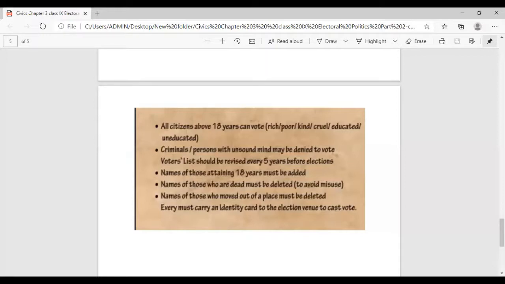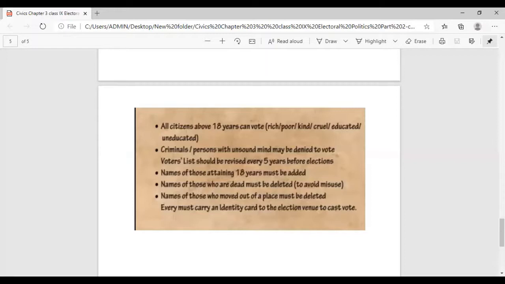Then finally, we discussed the voters list. In a democratic election, the list of those who are eligible to vote is prepared much before the election and given to everyone, which is officially called the electoral roll, and it is commonly known as the voters list.